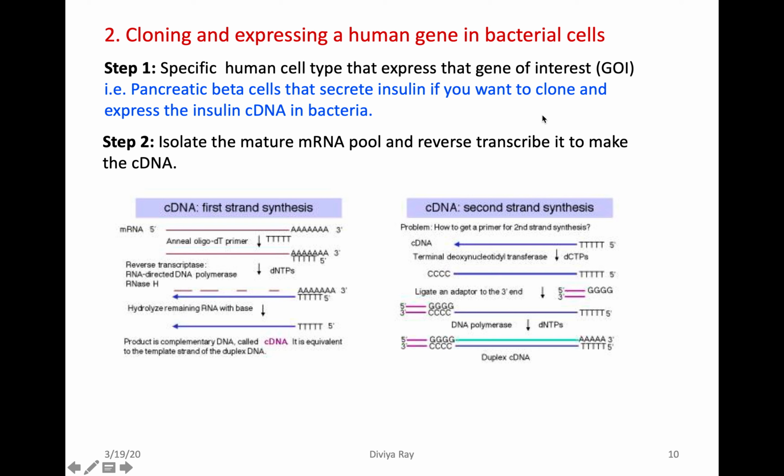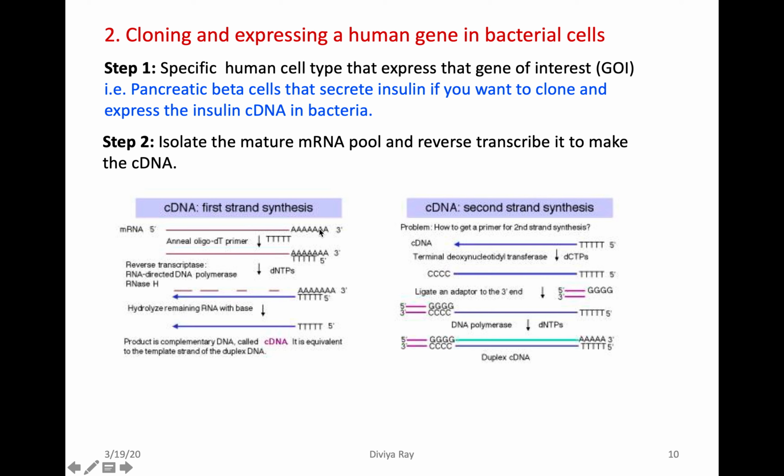So you start with these. So you have isolated the mature mRNA pool from a specific cell type.